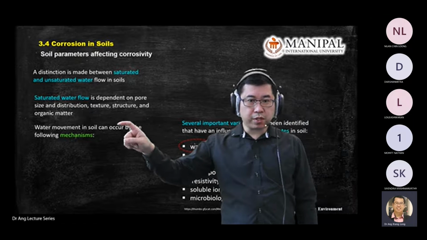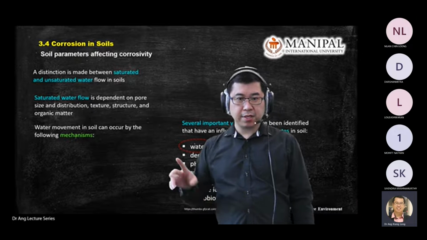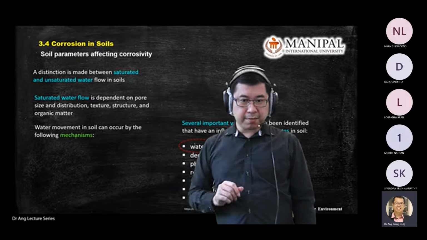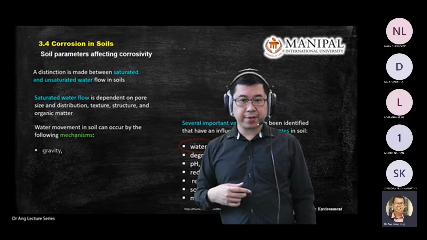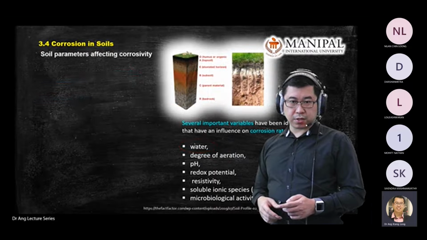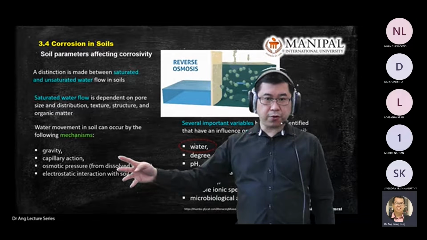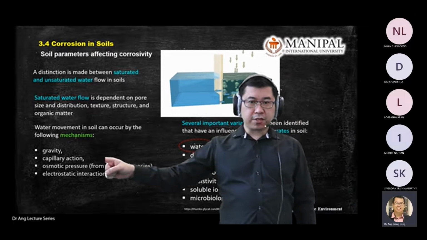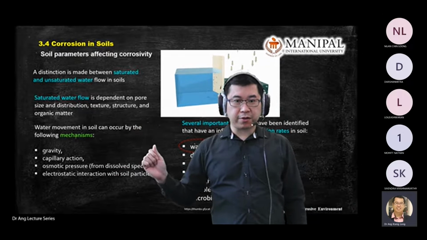So how does water move in the soil? Mechanism means how it happens, so I'll give you all the answers here. There are 4 ways water moves in the soil. First, the most basic one, gravity force.